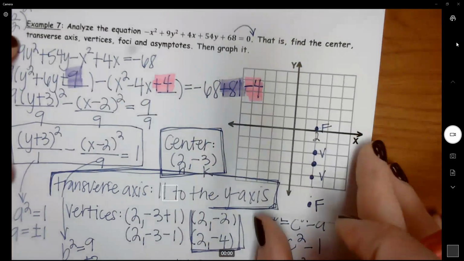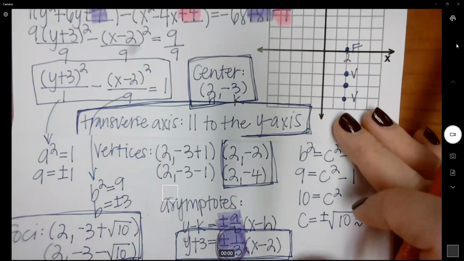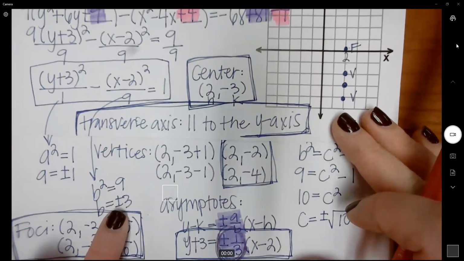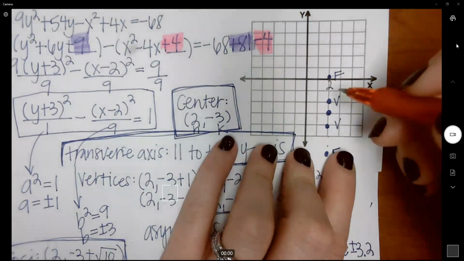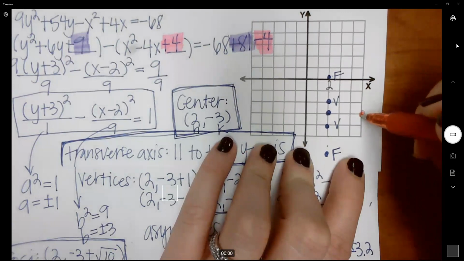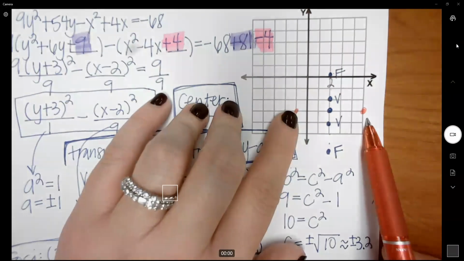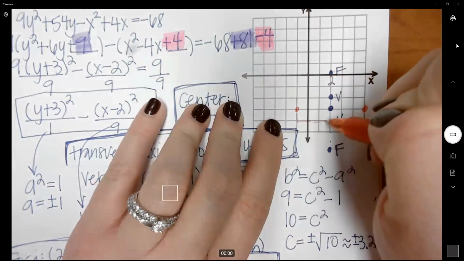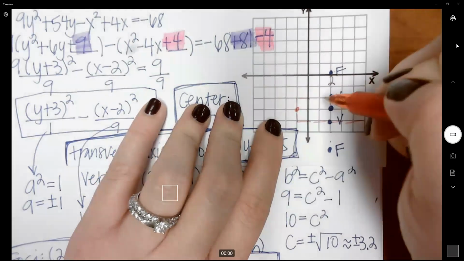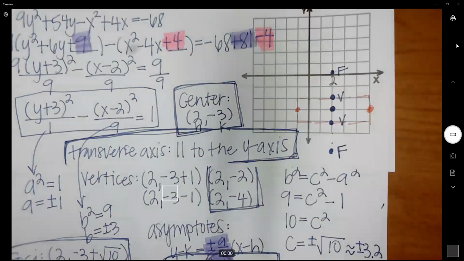But now we still have to graph it. So all I am missing here from my graph is my B, so I can make my box. So from the center, I'm going to go 1, 2, 3 over, and 1, 2, 3 over, and I'm going to make my box with my B and my vertices. Okay, there's my box.